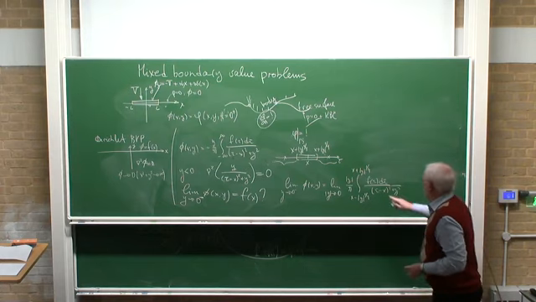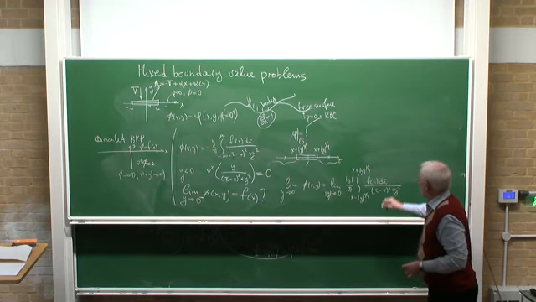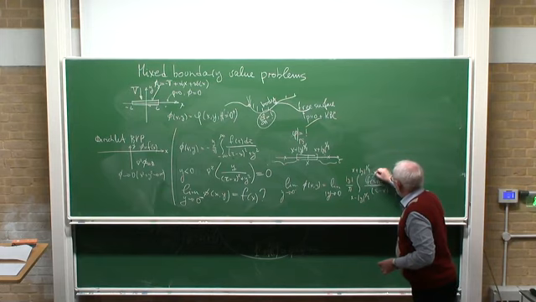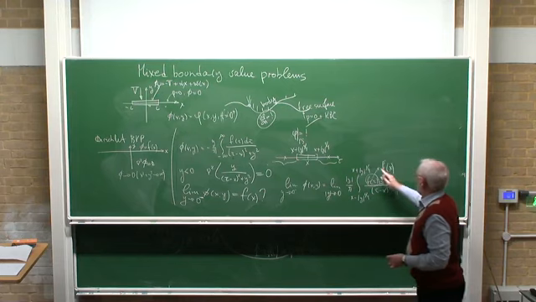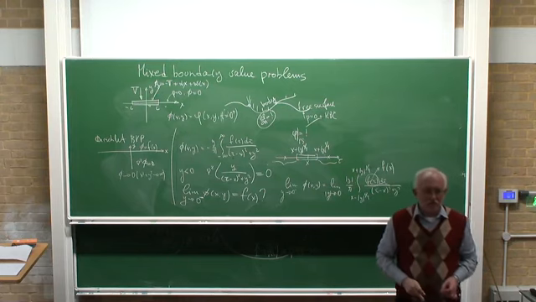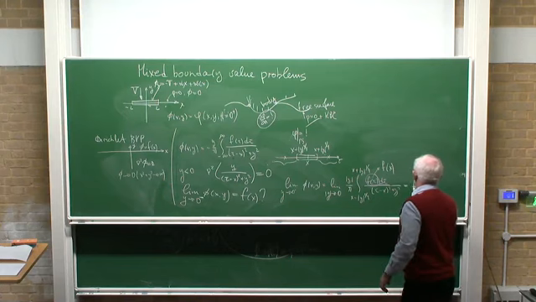And because for small y the interval is short, this f can be changed for f of x, and the rest of the integral is calculated, and it gives an arctan of something.